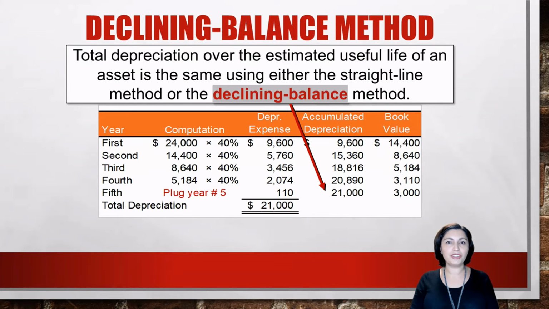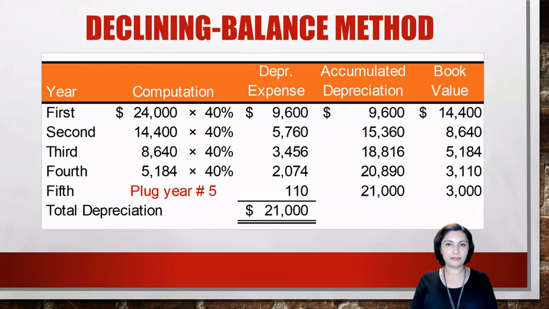Remember that depreciation is just an estimate. It doesn't have to be perfect. At the end of the 5th year, depreciation expense will be recorded at $110. This amount is determined by subtracting the salvage value of $3,000 from the book value at the end of the 4th year, which is $3,110.